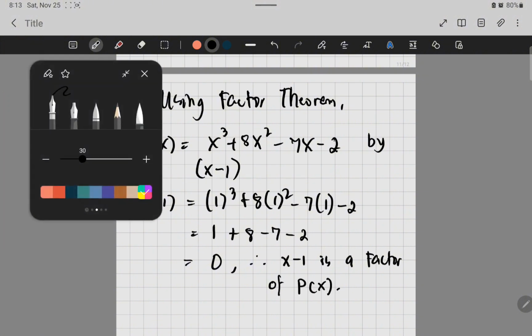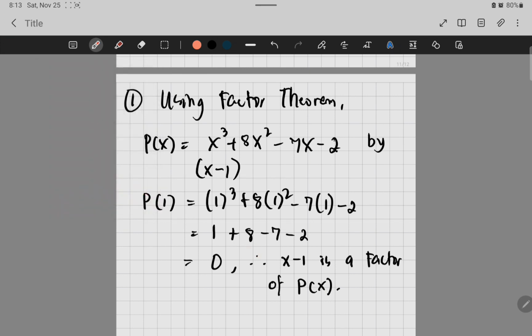Okay, so in the factor theorem, this is what we mainly state: whether it is a factor or not a factor. Since the remainder is 0, therefore we can say that it is a factor. Now, if it does not become 0, that means it is not a factor. Okay.